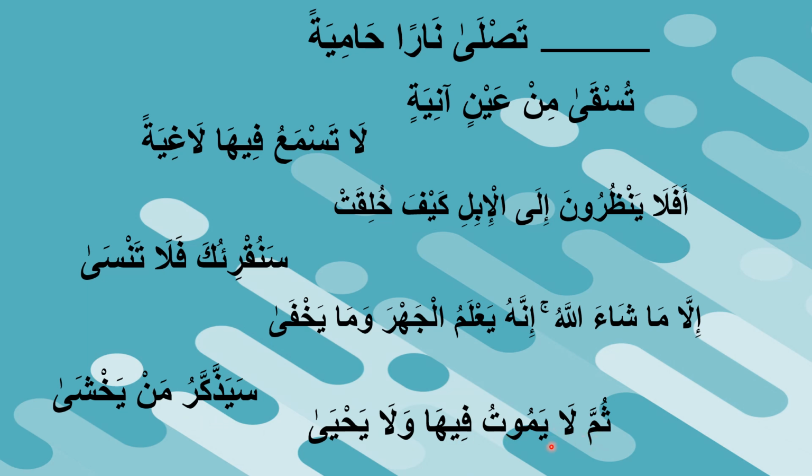ثم لا يموت فيها ولا يحيا. Here we have two fi'l mudare, la yamutu. You can see sahih at the end and a clear visible dhamma, and it's the fi'l mudare, the ya representing the third group. And wala yahya. Yahya means to live, talking about the hell, a place where you will not be able to die in it, and you won't be able to live in it.